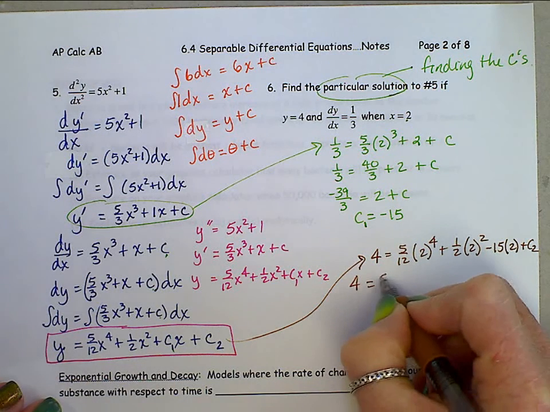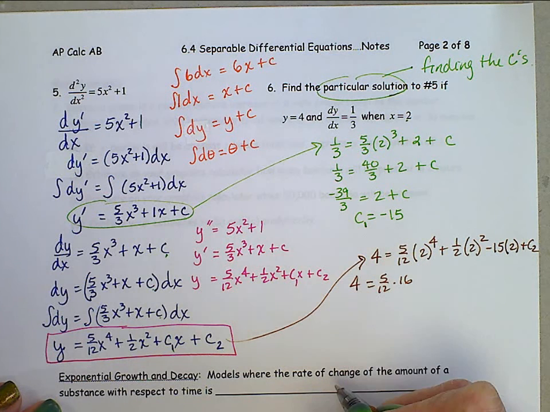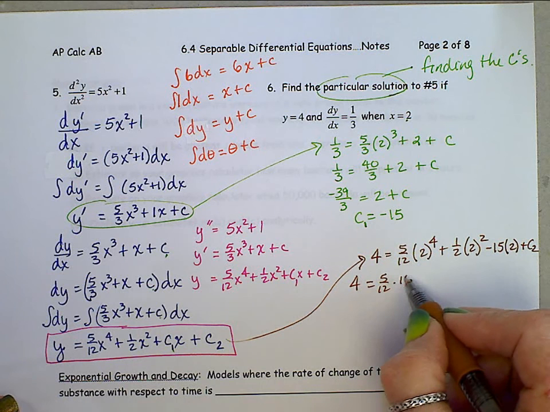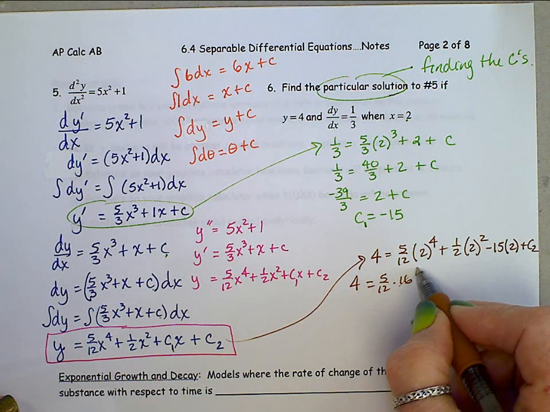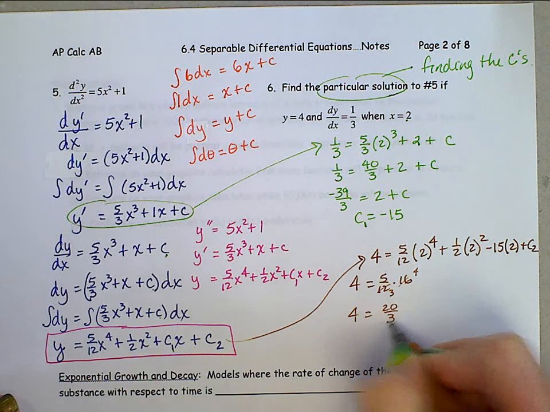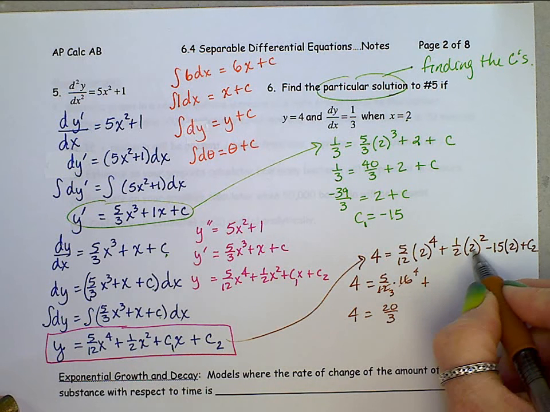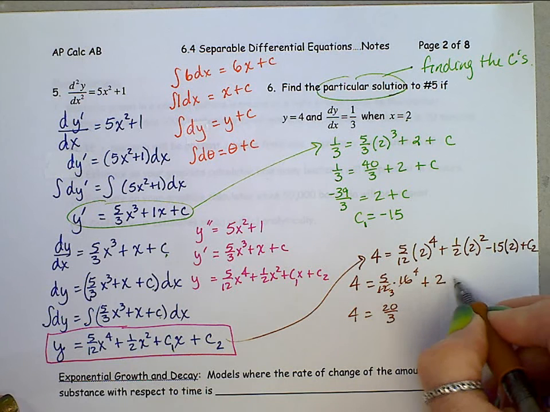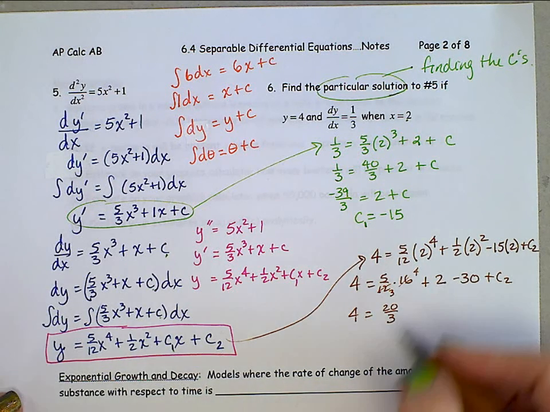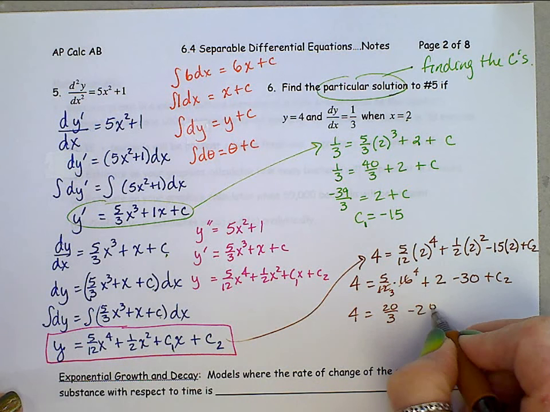Let's see, 5/12 times 16. I'm going to divide by a 4 here. That's going to make this a 4 and that a 3. That's 20/3 plus 4/2, 2 minus 30 plus c2. There's minus 28 plus c2.